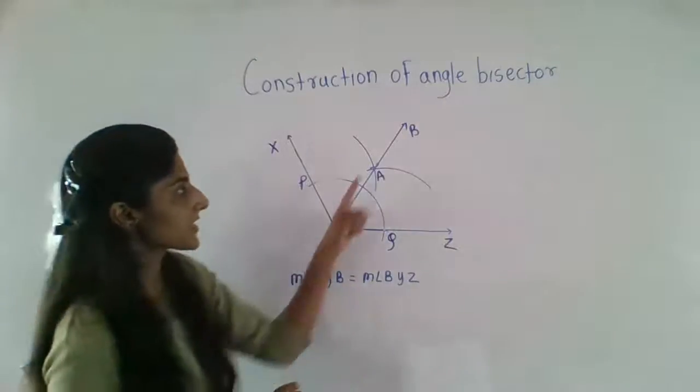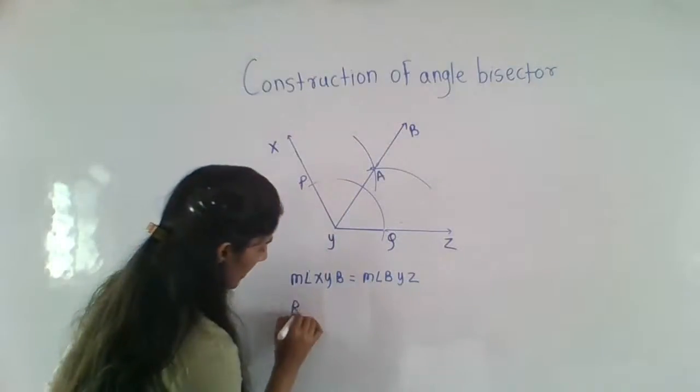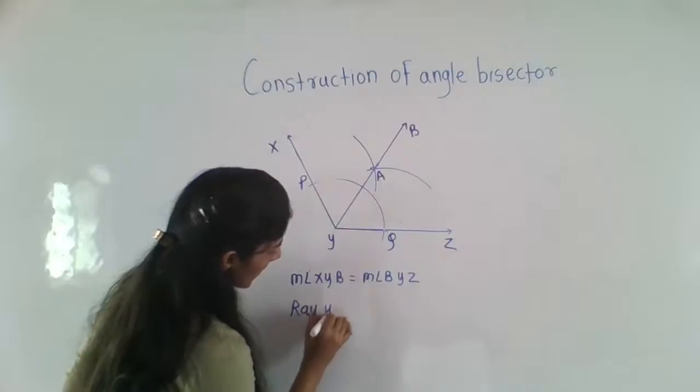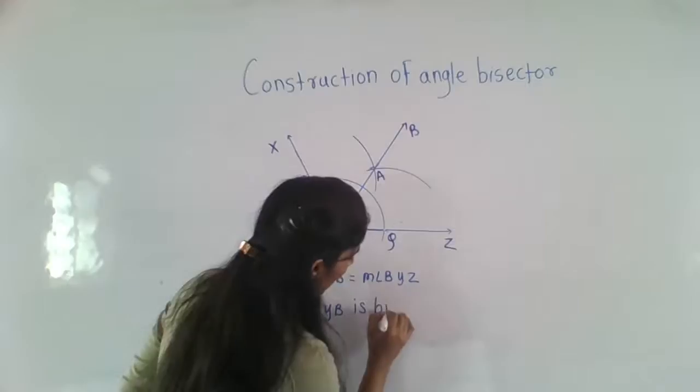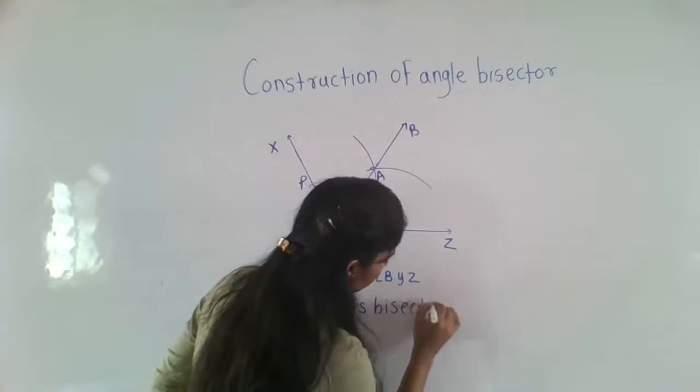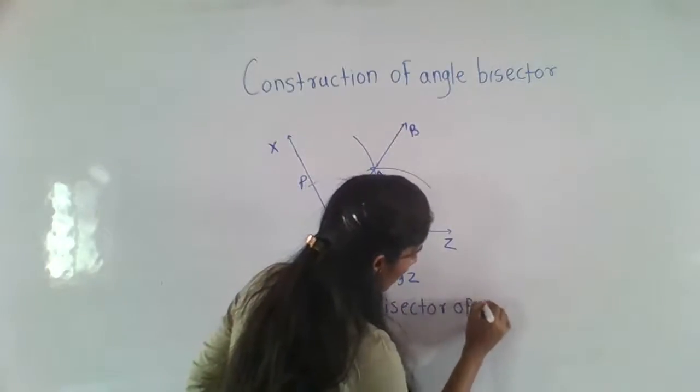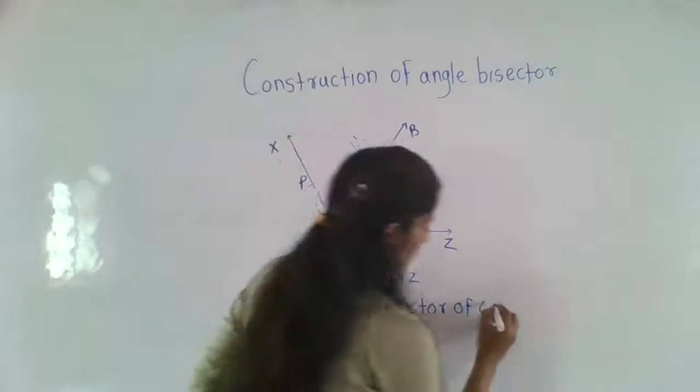And the ray YB is the bisector of angle, which angle? XYZ.